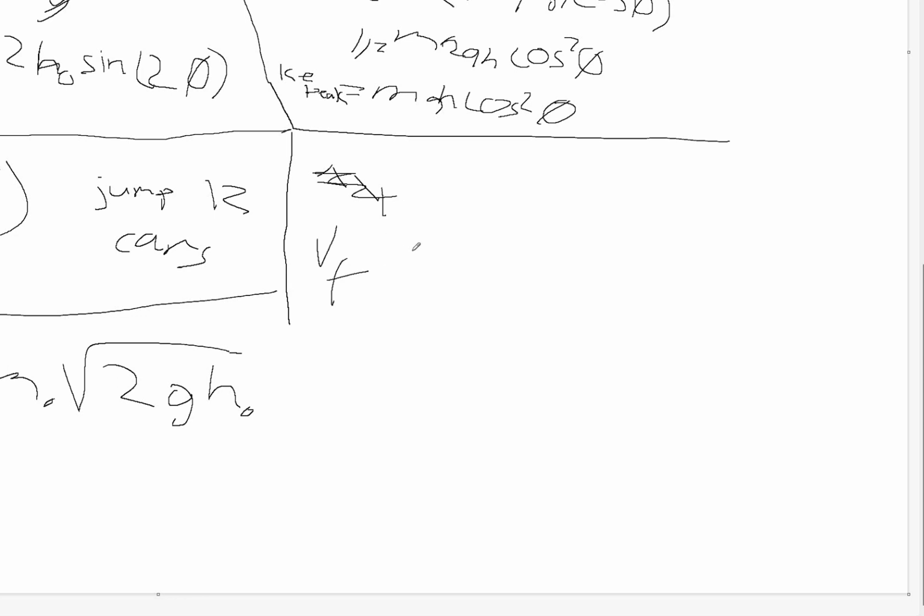So vfy squared minus viy squared is equal to 2g delta y, since the acceleration is just gravity in the y direction. And delta y will be our h max, what we'll be solving for. In the y direction, the final velocity would be 0, so we just cross it out, and we're left with viy squared.